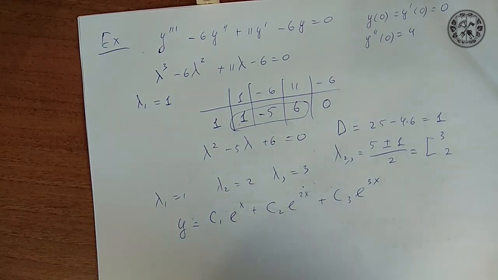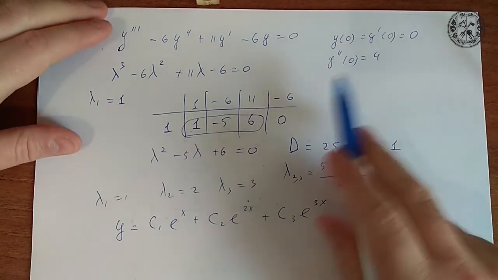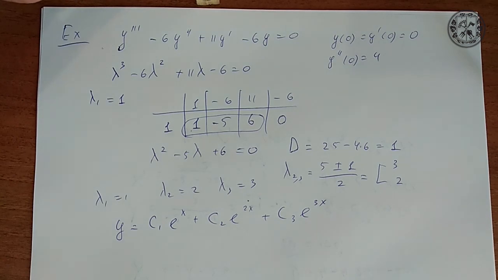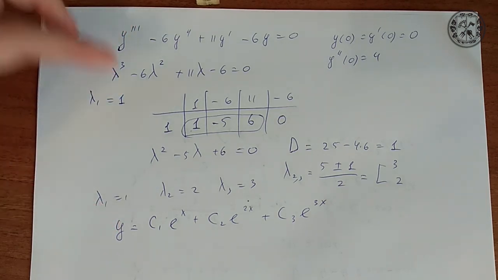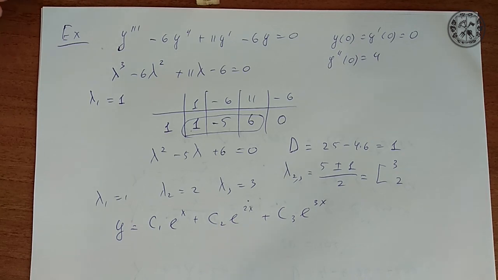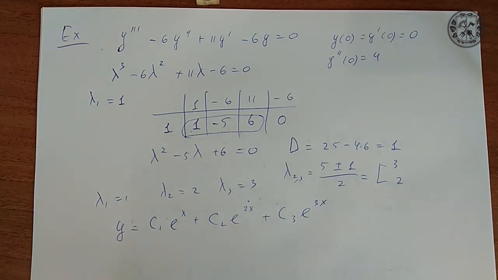But in initial conditions we have y primes. When we solved higher order differential equations using general methods, we at each step obtained some derivative of y. Here we got the answer directly from the initial equation. So here we have to find these y primes and then substitute initial conditions to find these constants.